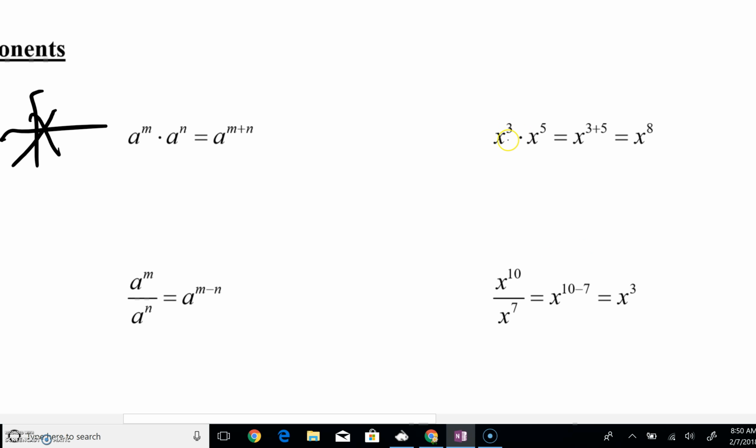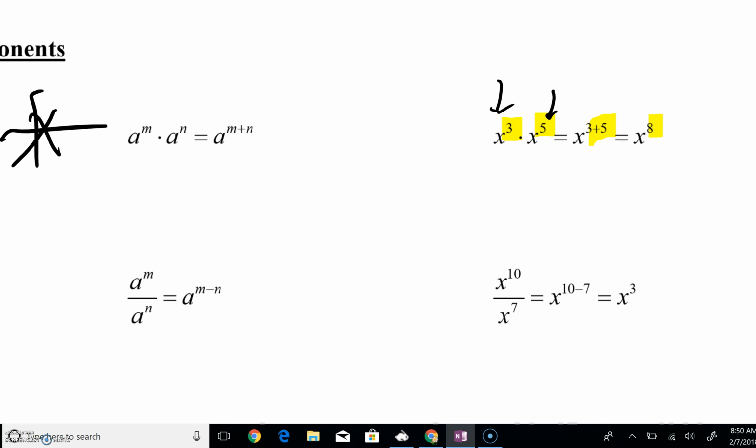For example, if I give you x to the third times x to the fifth right here, you can see a 3 and a 5. Plain and simply, all you got to do is add those two powers together, right? And then you're going to get an 8. So nice and simple, we can do that super fast.